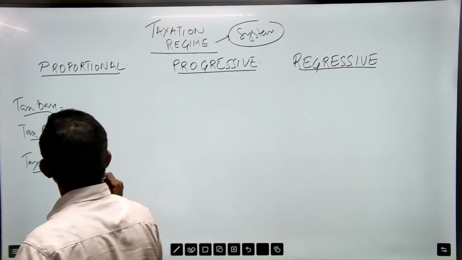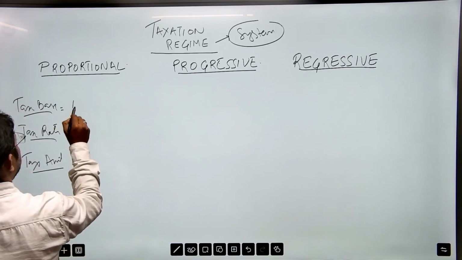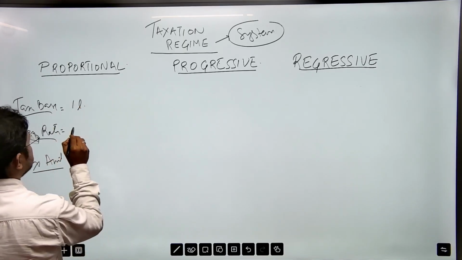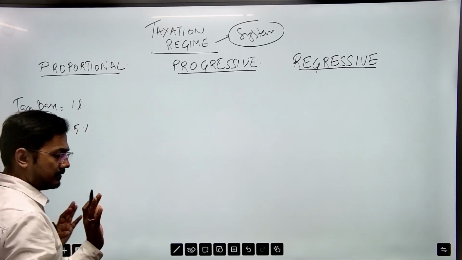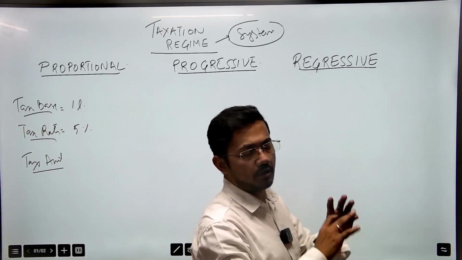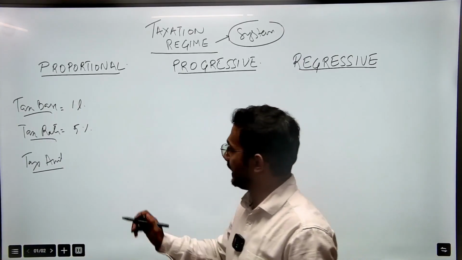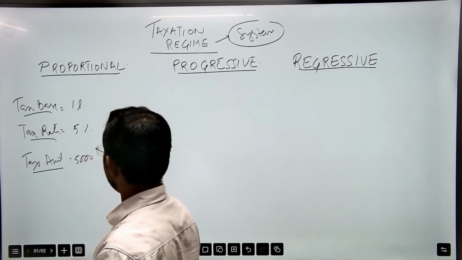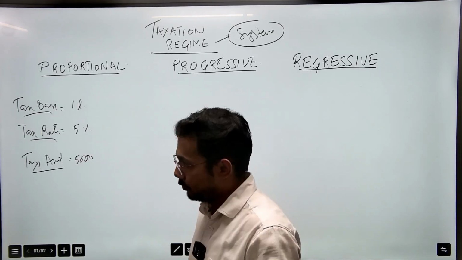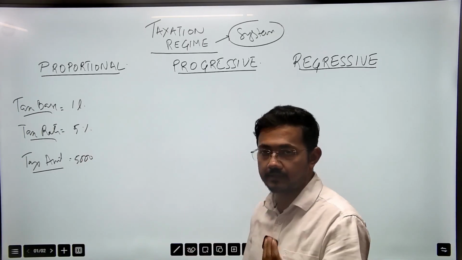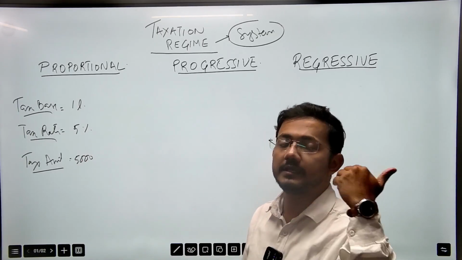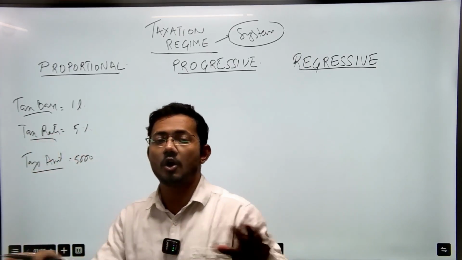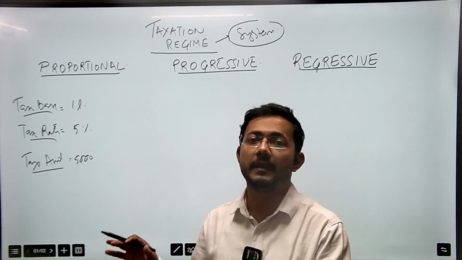For example, if your income is 1 lakh and your tax rate is say 5%, that means your tax amount is rupees 5,000. Now what happens in a proportional taxation regime? Whether your tax base increases or decreases, the tax rate will not increase or decrease, it will remain the same.